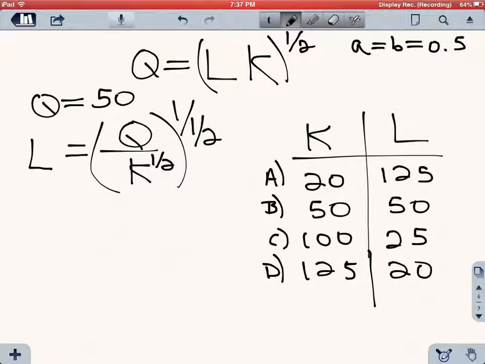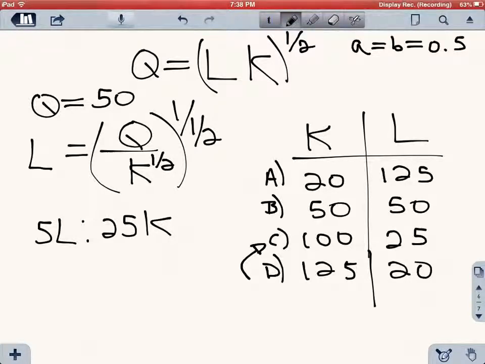Let's say that instead of doing it that way, you decide to do it with C. Well, to go from D to C, what you do is to trade 5 units of labor for 25 units of capital. Right? You were able to replace 5 units of labor for 25 units of capital and produce the same amount of output. Now you have more labor at that point.